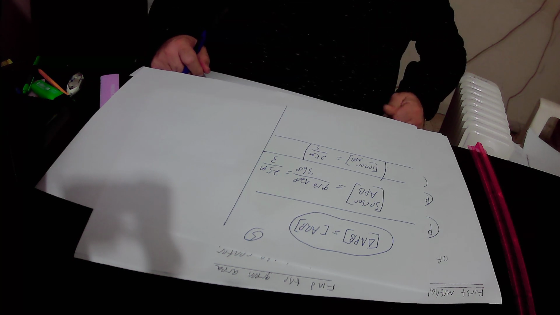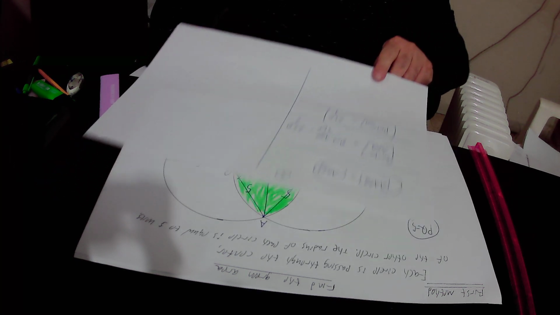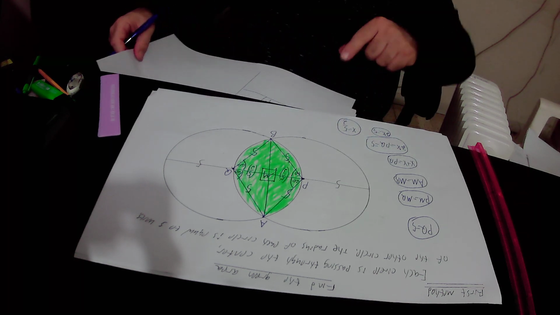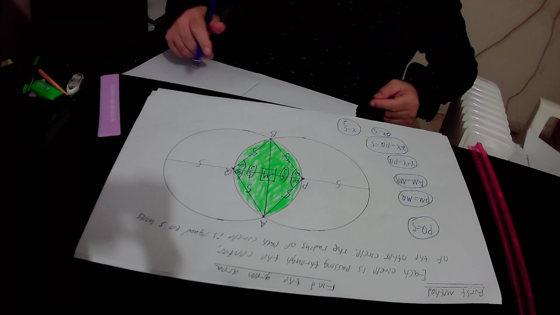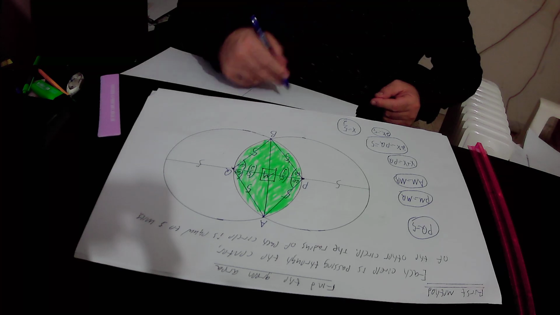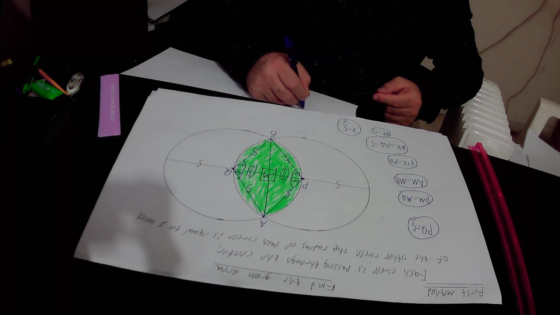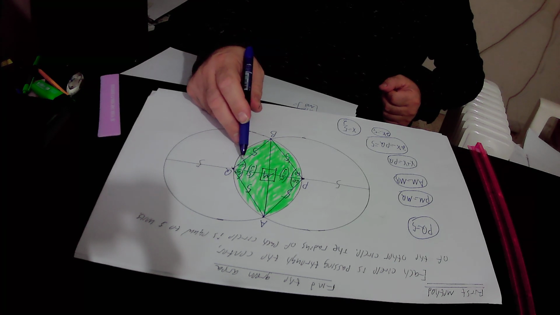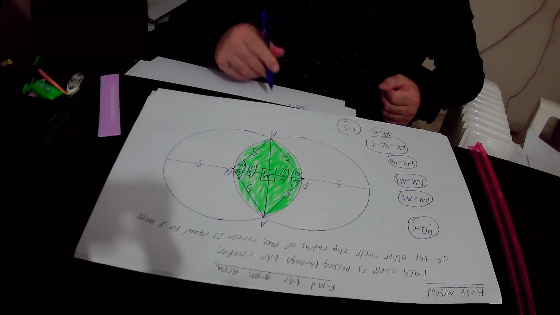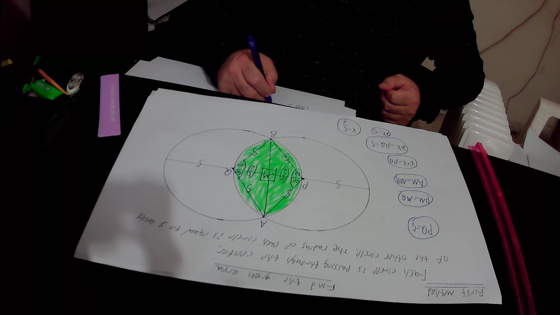And what is the area of sector AQB? The area of sector AQB will be equal to pi r squared times 60 degrees plus 60 degrees, which is 120 degrees, over 360 degrees.